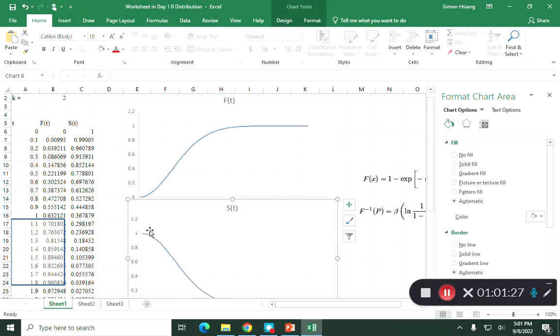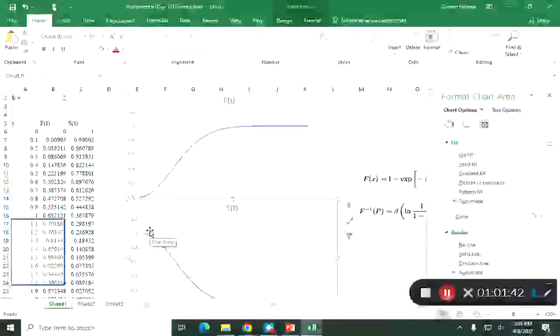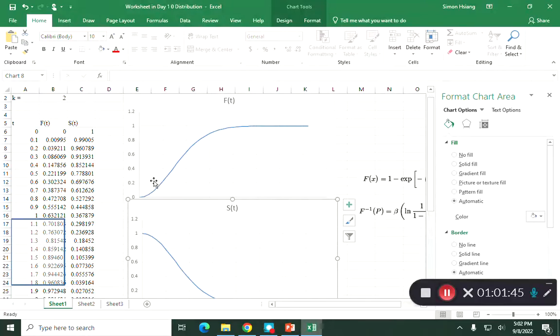At the very big end, it doesn't matter, just any CDF. You agree with me? All CDFs go from 0 to 1. It's a monotonic function. So at the beginning, if FT is 0, ST is 100%.